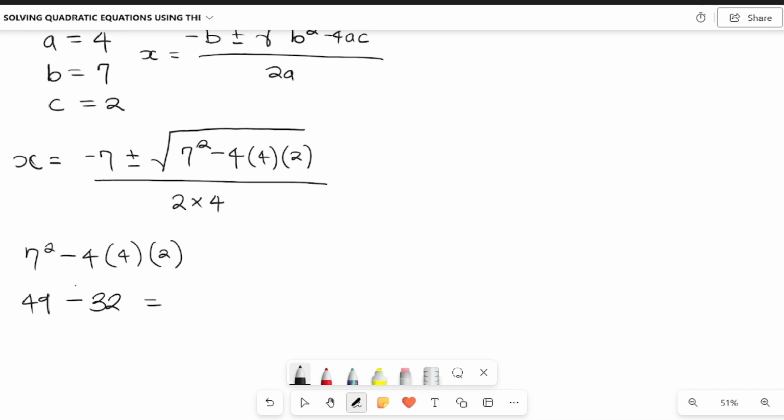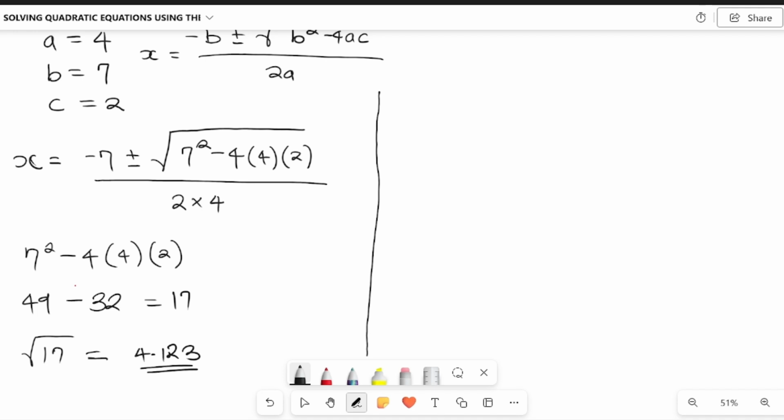So 49 minus 32 gives us 17. Now we're supposed to work out the square root of 17. When you work this out and feed it into your calculator, you'll find that the square root is 4.123, truncated to 3 decimal places.